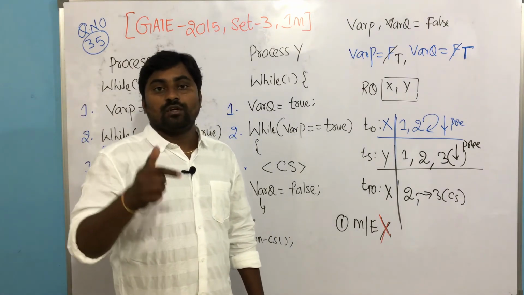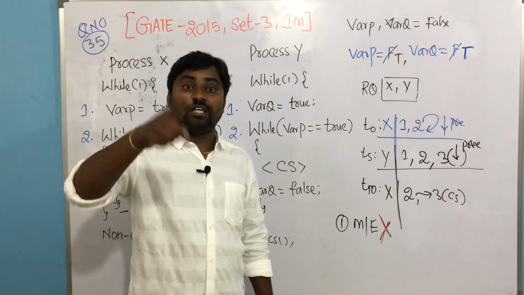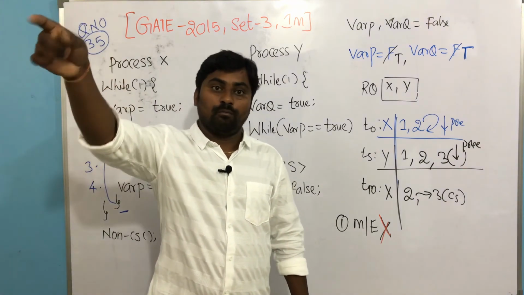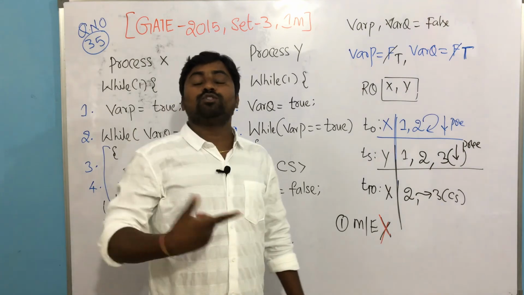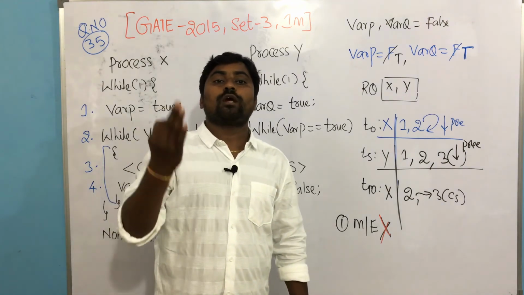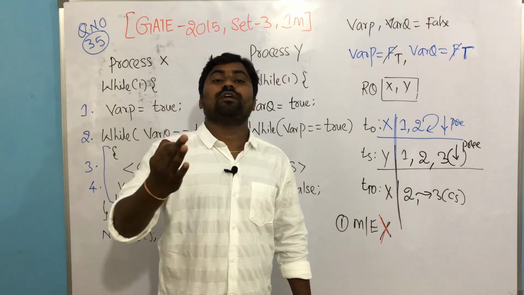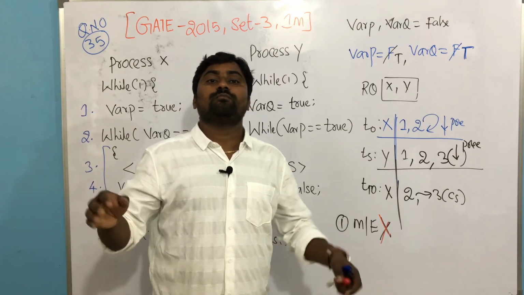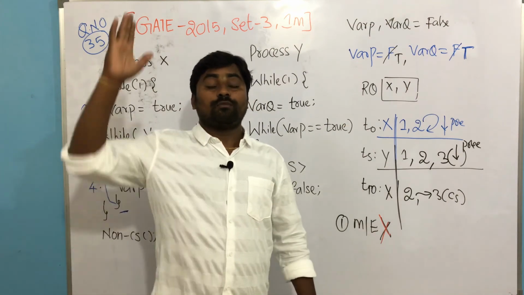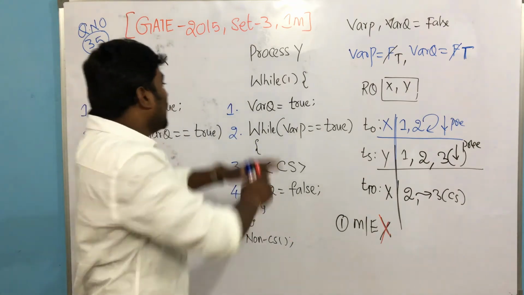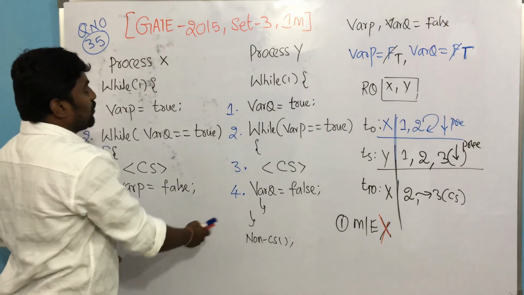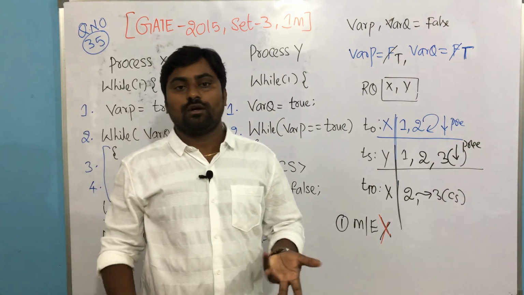Mutual exclusion is one of the necessary conditions for deadlock, but mutual exclusion is not guaranteed here, so it is not satisfied. That means one of the necessary conditions for deadlock occurrence is not satisfied, so there is no deadlock. From the definition of deadlock, or by looking at this program code, you can tell this is not leading to deadlock.